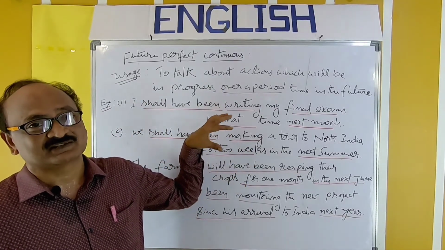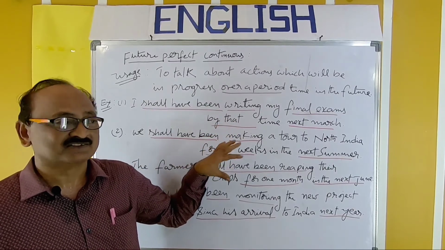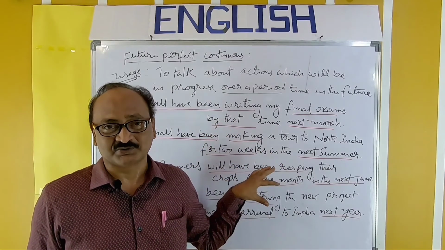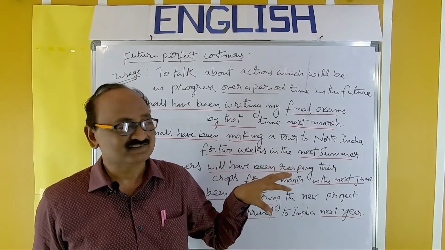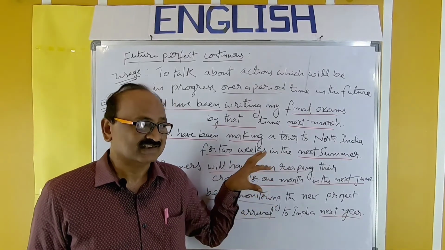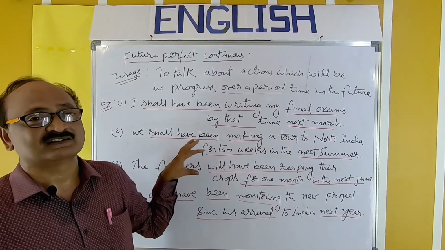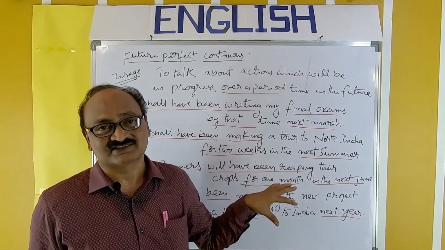The entire tense chapter will be incomplete. So you can learn this also. In the process of learning all the tenses, you can learn this also. Then it gets the complete form, completeness.